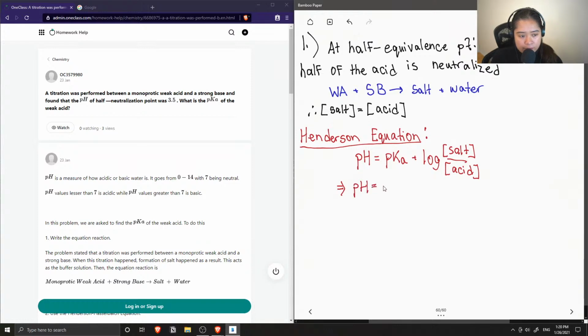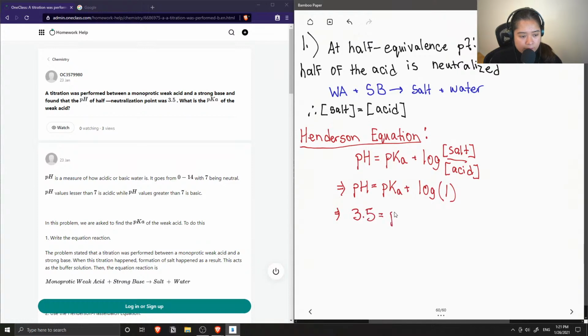So we can rewrite this equation, and when you divide the same concentration over the same value, you just get 1. Now let's plug in our pH to this equation. The pH was found to be 3.5.